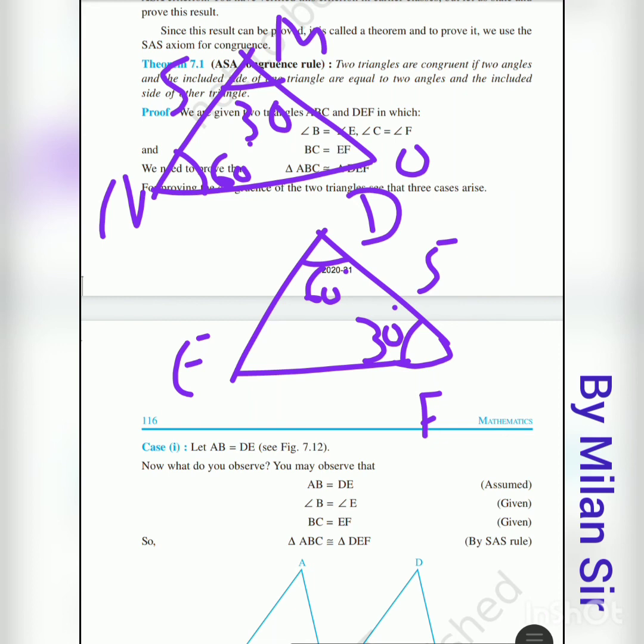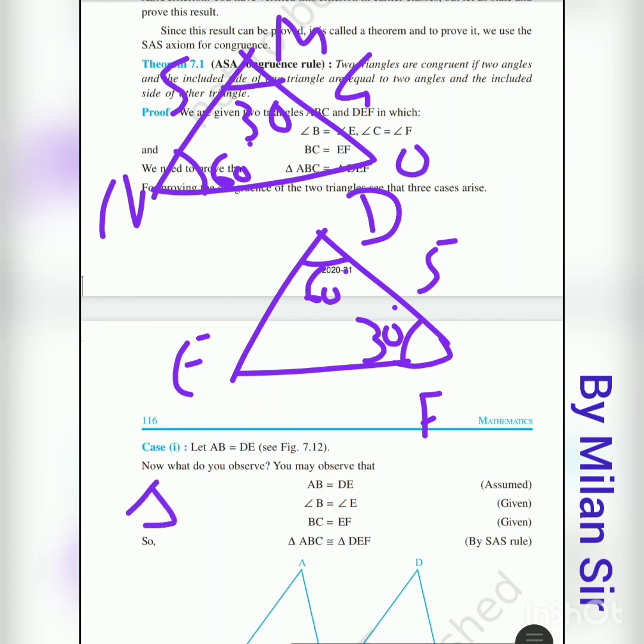Now if here the measurement is given as 4, first of all we can prove the two triangles are congruent by using the angle side angle criterion, right?